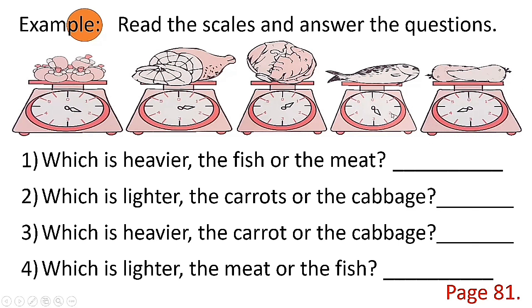The fish is 2.5, or 2 kilo and 500 grams. And the meat here is 1 kilo and 500 grams. So which is heavier? The fish is heavier than the meat.